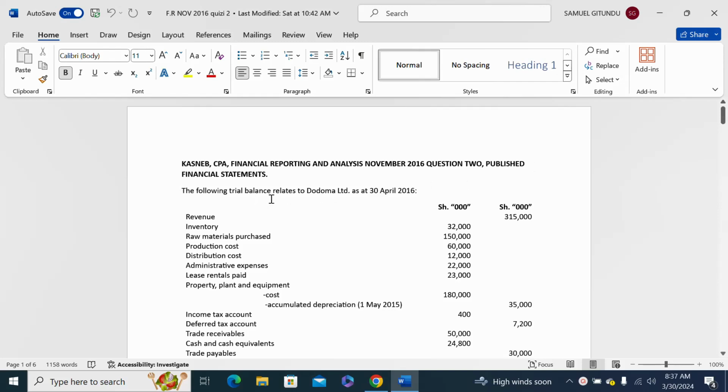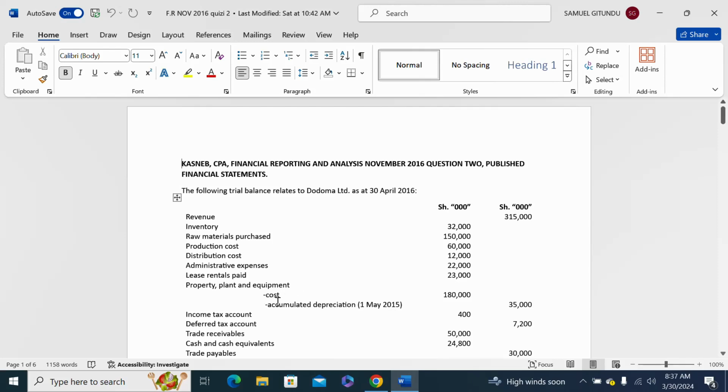The following trial balance relates to Dodoma Limited as at 30th April 2016. Revenue, inventory, raw materials purchased, production cost, distribution cost, administrative expenses, lease rental paid, property, plant and equipment.